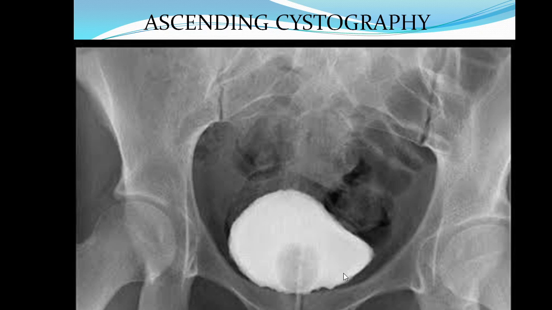This is ascending cystography. You can put a catheter through the urethra, put a dye in the urinary bladder and take an X-ray, and you can find any anomaly in the urinary bladder.